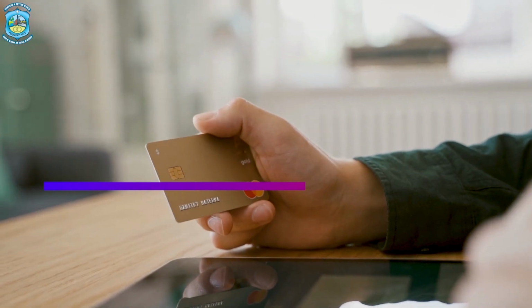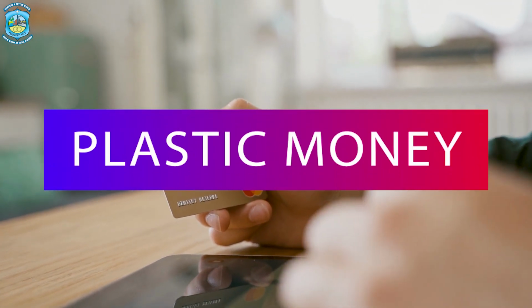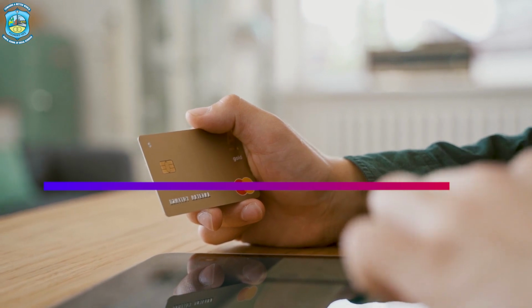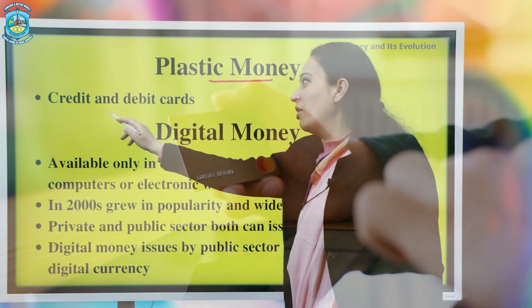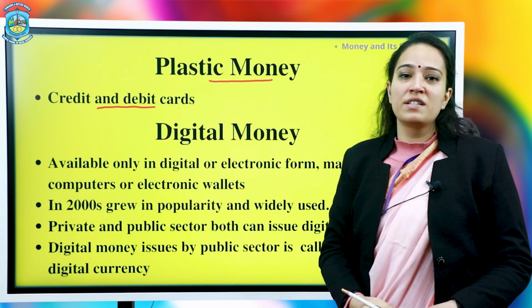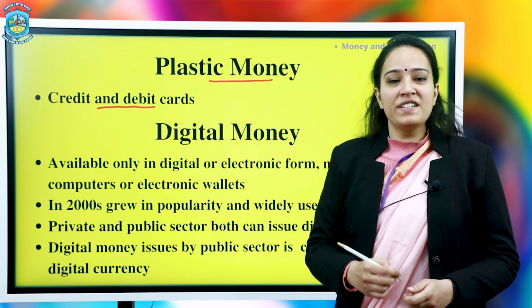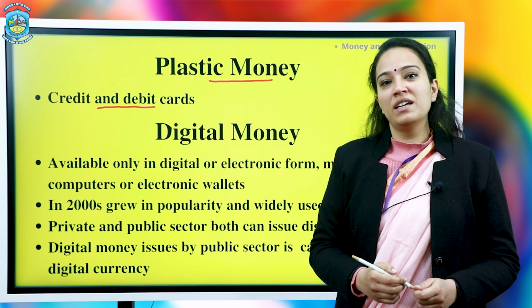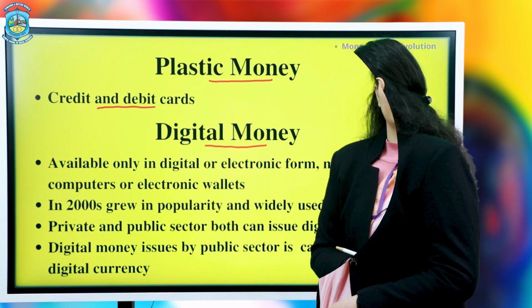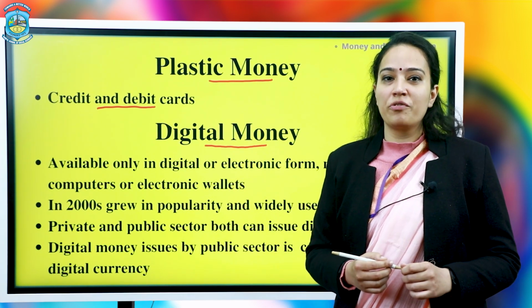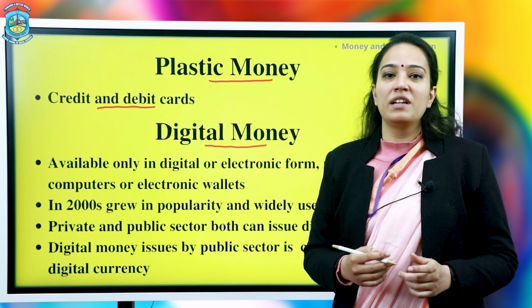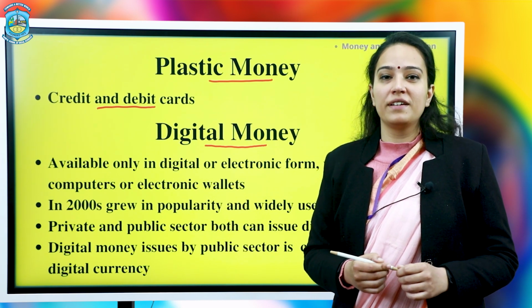With technological advancement, the form of money has also evolved. Today, we have plastic money in the form of credit and debit cards which we use readily to carry out our transactions. The latest addition to these forms of money is digital money. It is a digital representation of value which is kept in electronic or digital form only.